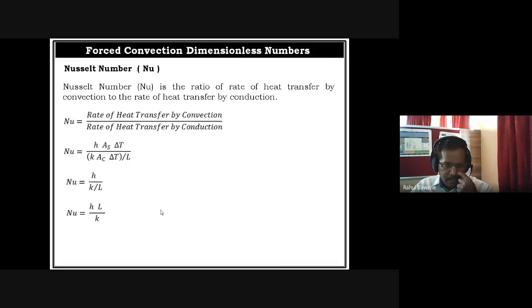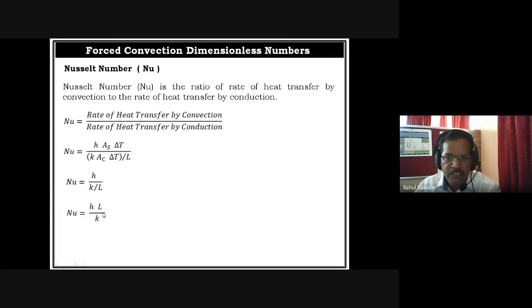Now what is the characteristic length? Imagine forced convection having a flow over one rectangular surface, and the rectangular surface has a length L. If the flow is along the length, the characteristic length will be the length of the rectangular plate.